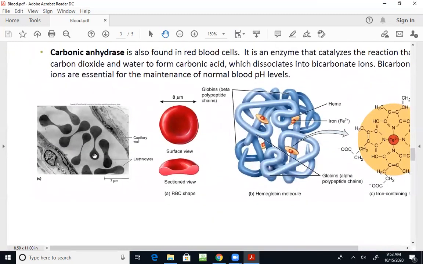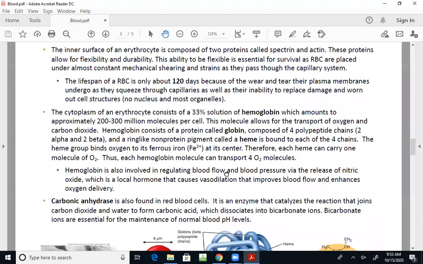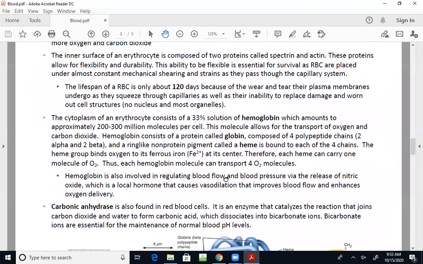Very essential, as you can see, because when red blood cells pass through our blood vessels, especially in our capillaries, which are the very smallest of our blood vessels, they need to be able to change shape because they push and shove on each other. So they have to be really flexible and bendy as they do. A lot of those capillaries are just barely wider than a red blood cell.